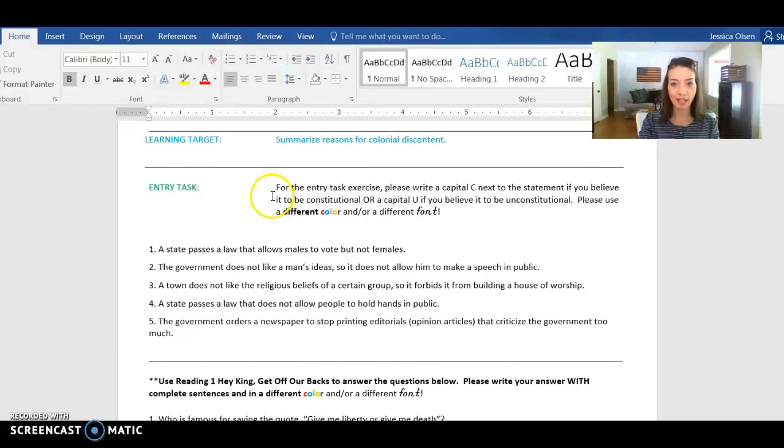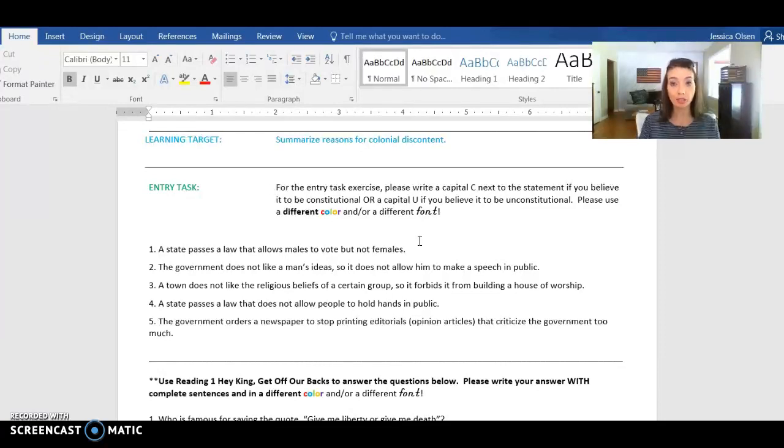So the entry task says to write a capital C or a capital U, and the capital C is if you believe this statement or one of the 5 statements there to be constitutional, and then a U if you believe it to be unconstitutional. So let's do a quick review, hopefully, of the words constitutional and unconstitutional. So the Constitution, we're going to be learning about, is a document, a set of rules that we live by as Americans, right?